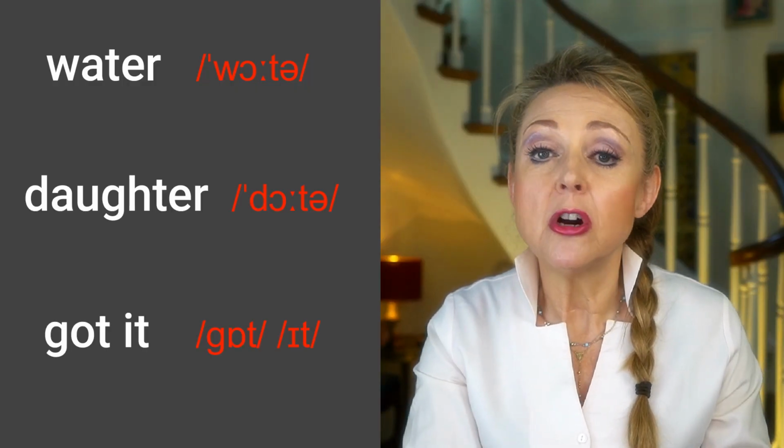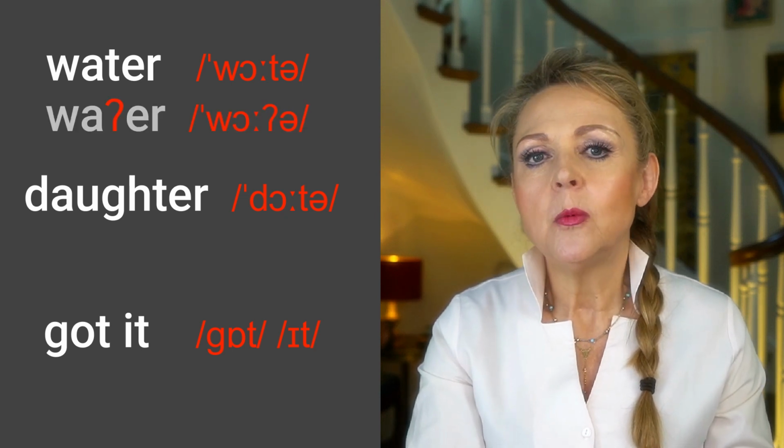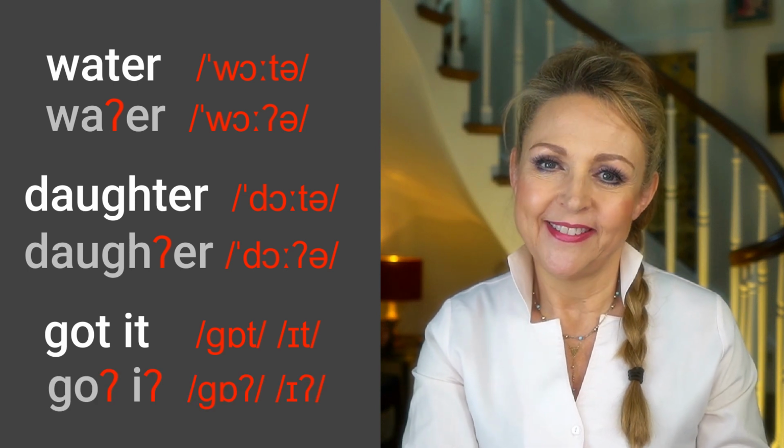A glottal stop is a stop sound made by rapidly closing the vocal cords. It's a bit like when you say, uh-oh, you know, when there's danger ahead. So instead of saying water, daughter, got it, you might hear something like this. Water, daughter, and got it.